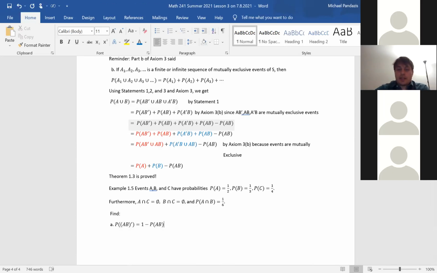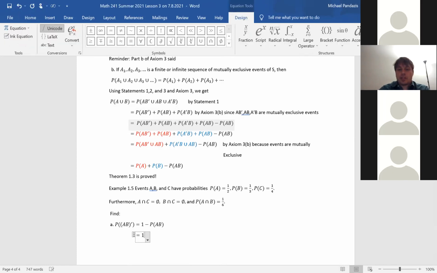P of AB is 1/6, so this is 1 minus 1/6, which equals 5/6. As a decimal, that's 0.833, rounded to the nearest thousandth.